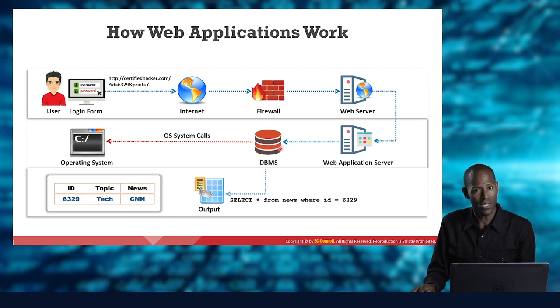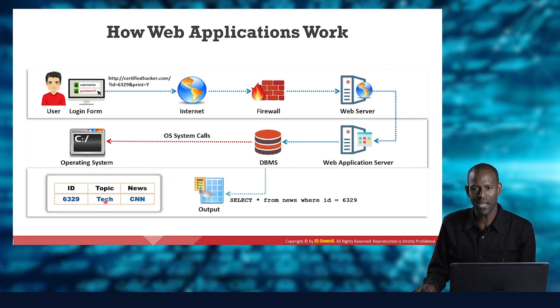Database server, can you please look that up? The database server says, okay, I have a query. The query is select everything, select star, from a table. What's the table called? News. All right, here's the news table where ID equals 6329.